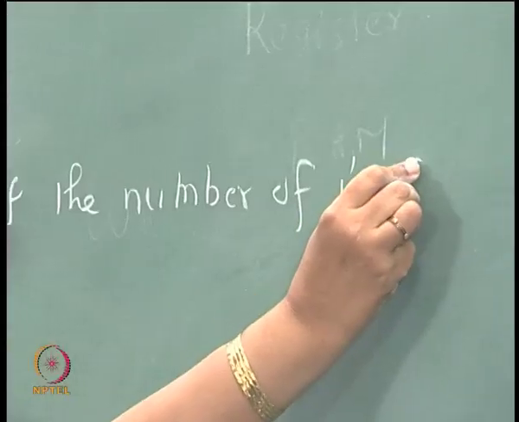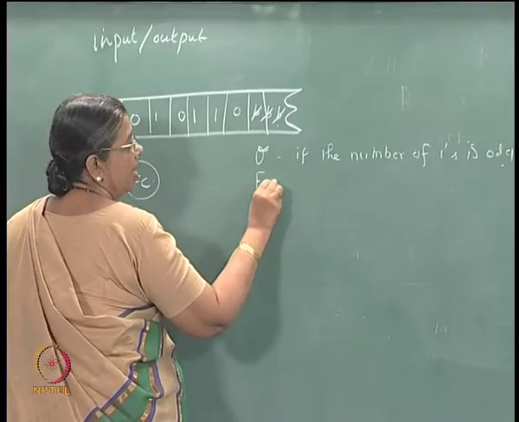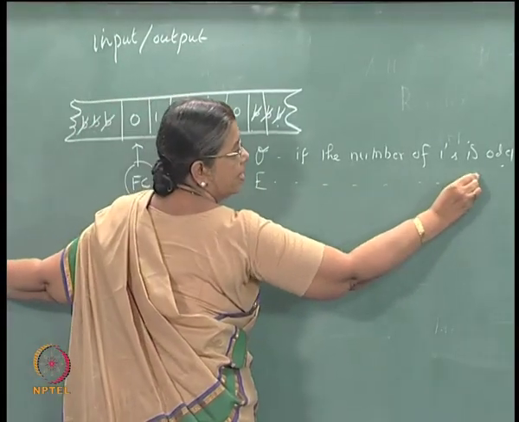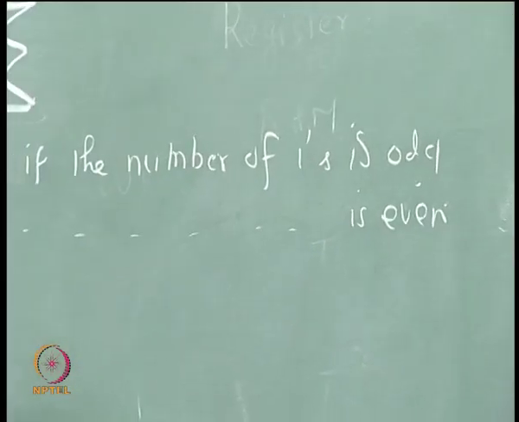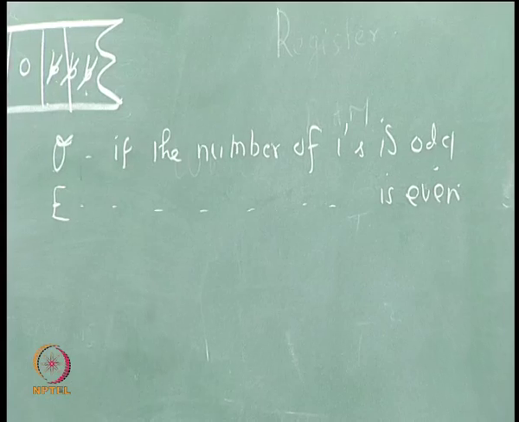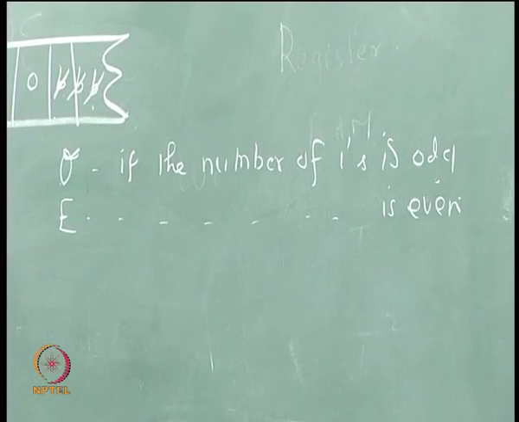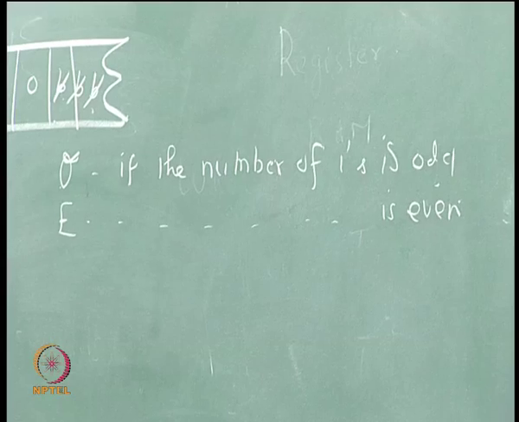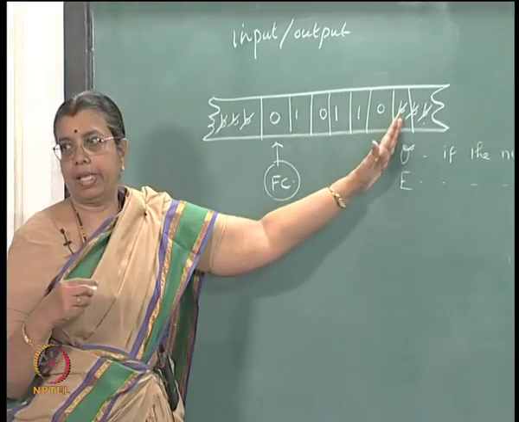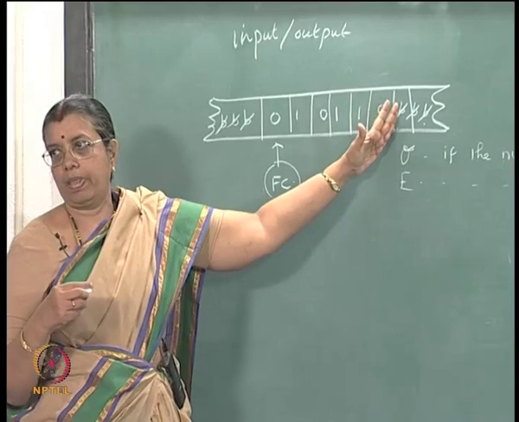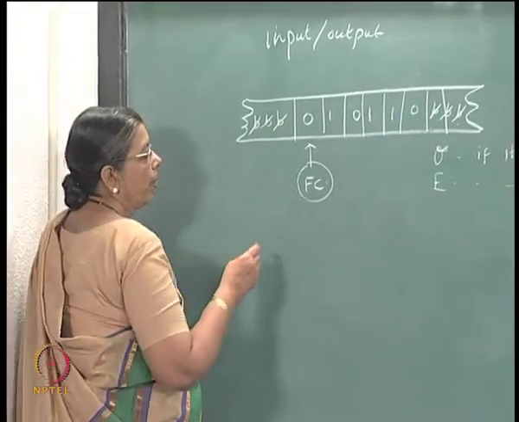And it writes an E if the number of ones is even. We had a finite state automaton for this, if you remember. Now, it is going to read and print something here, O or E. How will it do this?